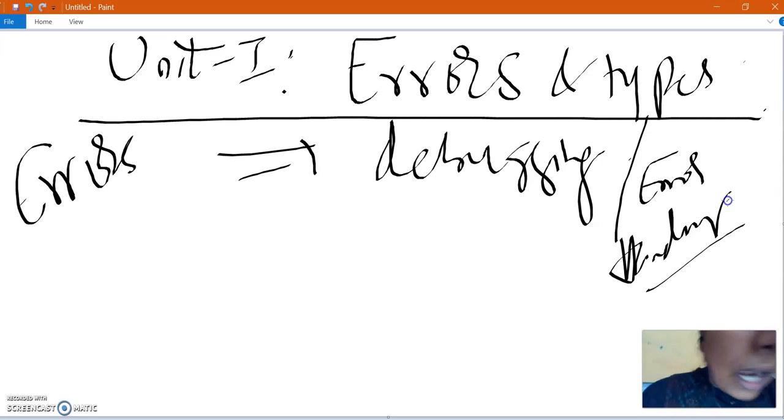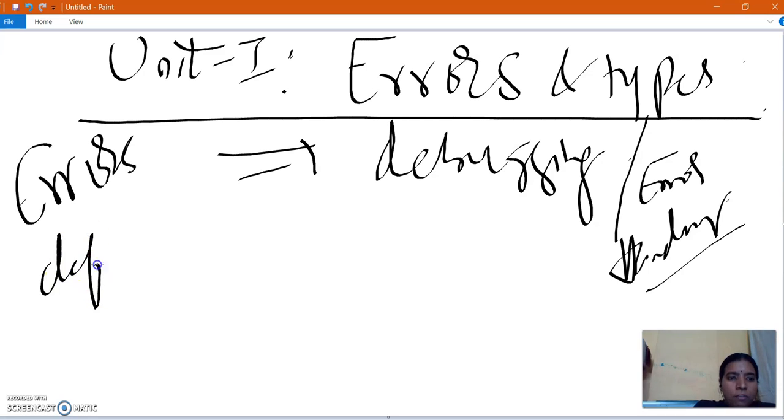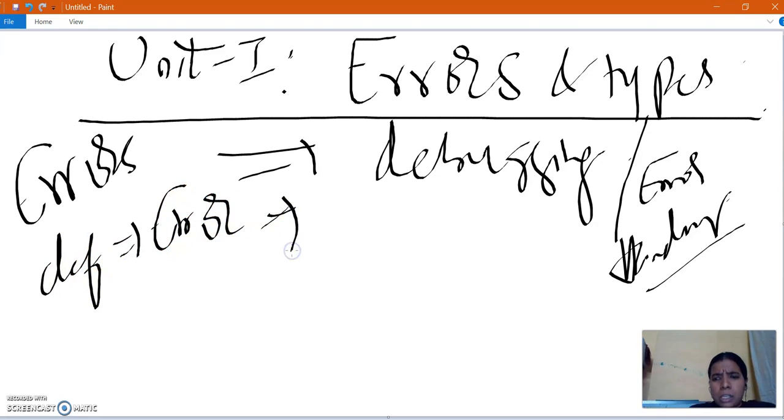In case we want to handle errors, it's very important for us to understand what an error is, how to deal with it, and what its types are. So therefore we will first learn about the definition of an error. How do we define an error? Error is basically a situation that has arisen in a program which causes the program not to run or which makes the program halt. Any situation which makes the program halt, not run and not give output is known as an error.